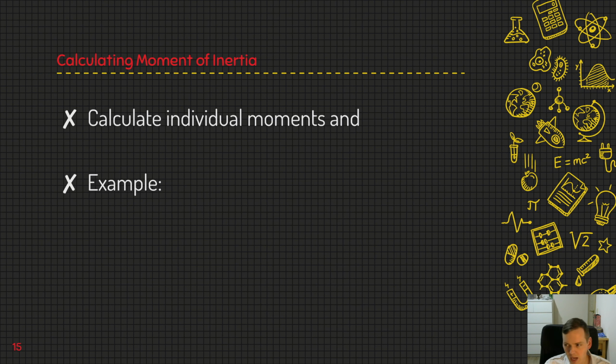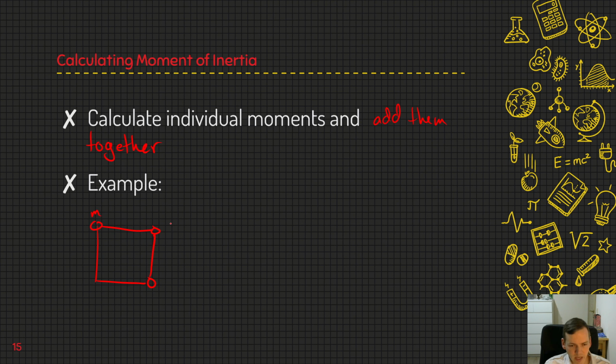And so how do we calculate the moment of inertia? Well, if you've got a bunch of stuff, calculate all the individual moments and add them together. So let's look at an example. I'm going to take a shape that's just some thin wire with a bunch of beads attached to it.